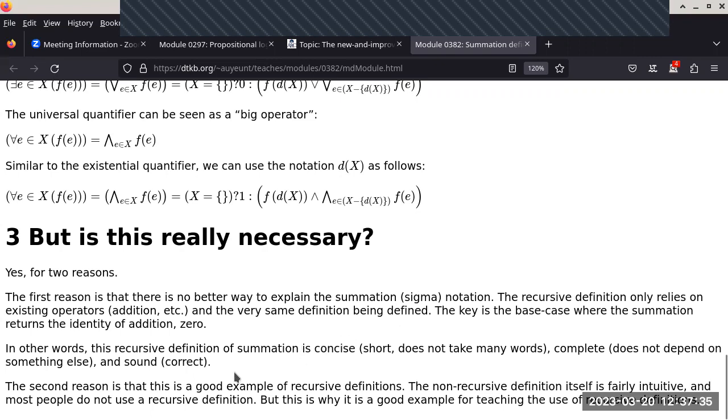But there's a second reason too. The second reason is this is an example of recursive definitions. If you can understand how to derive recursive definitions, you would also understand how to derive recursive functions in C and C++, which is also what you're learning now in CISP440. So what topic are you guys on in 430 now? Trees. Trees, okay. Isn't that recursive?